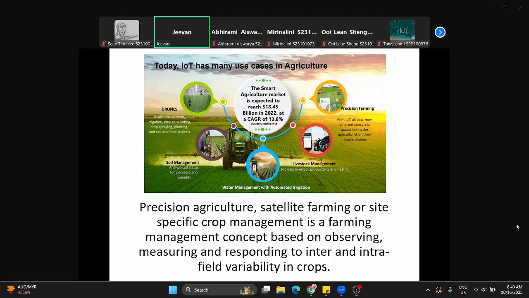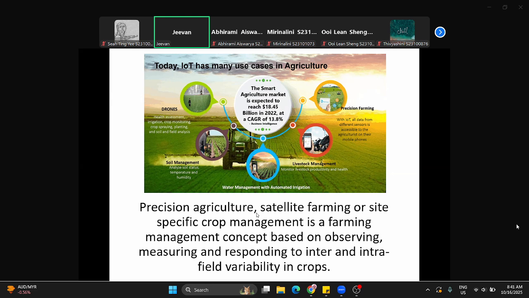So we call this smart farming or precision agriculture. It is about the same. So later on, I will explain to you what are the slight differences between smart farming and precision agriculture. So precision agriculture is a step higher than smart farming.